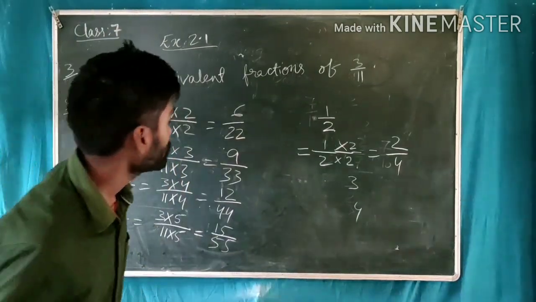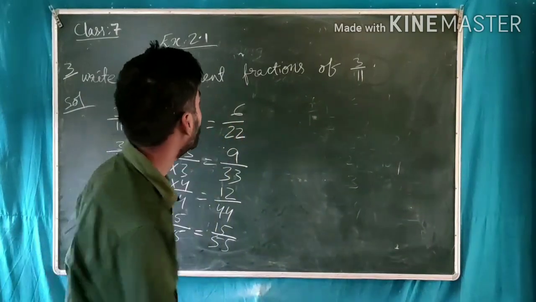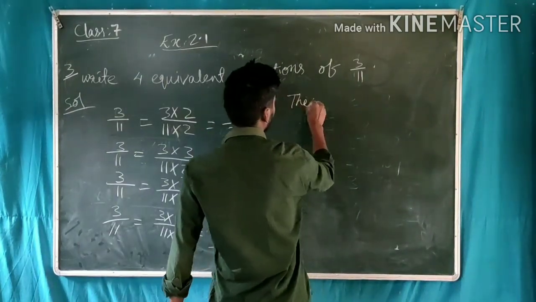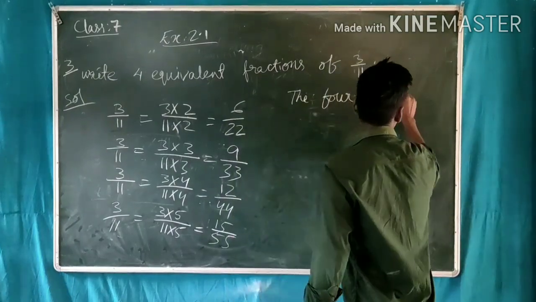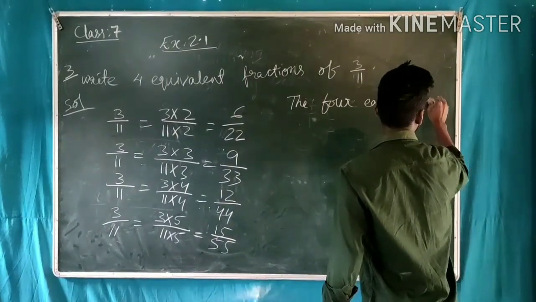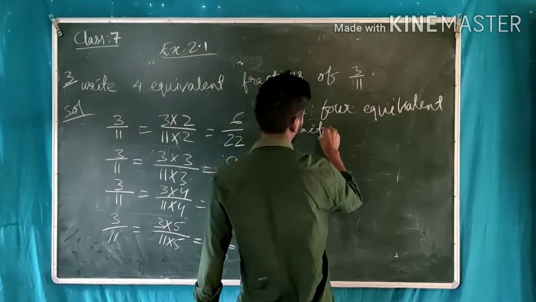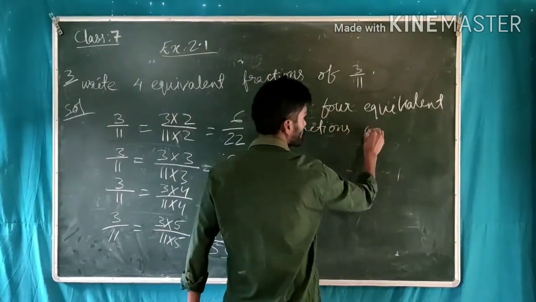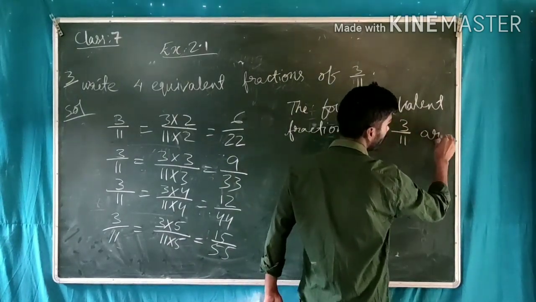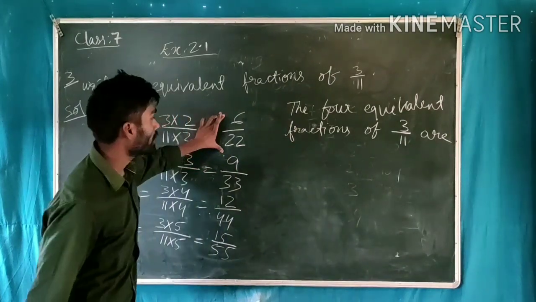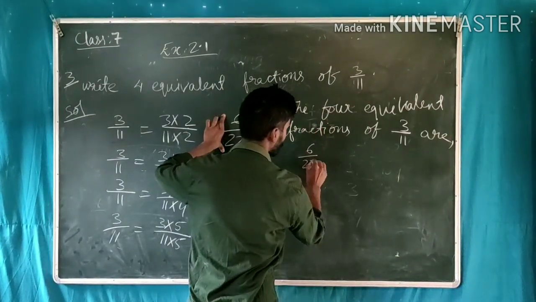So the 4 equivalent fractions of 3 by 11 are: first one, it is 6 by 22.